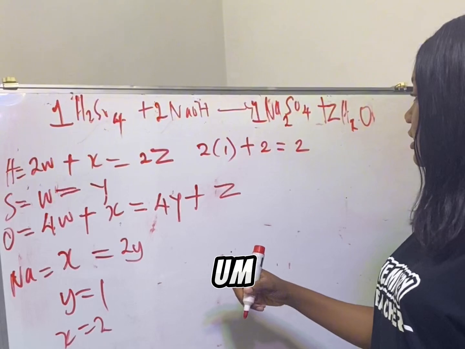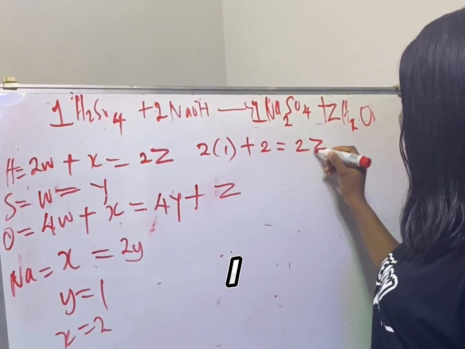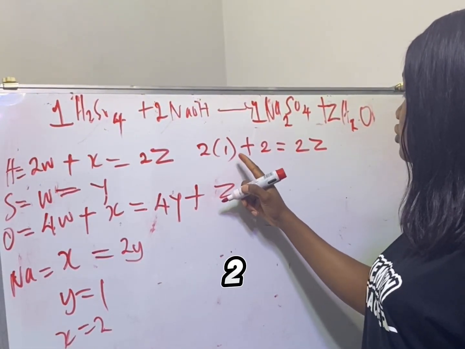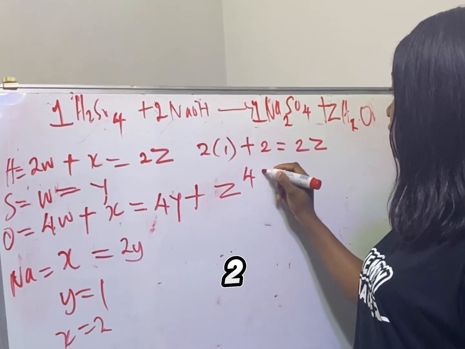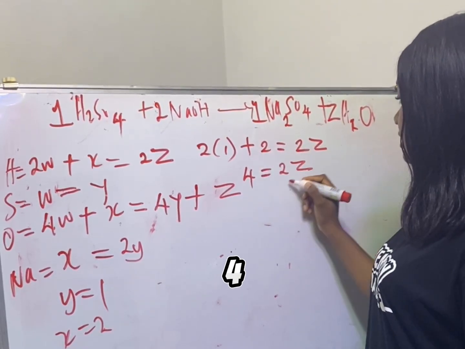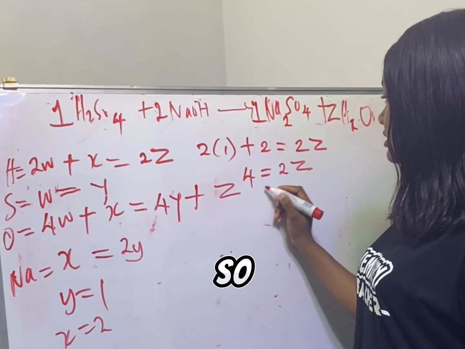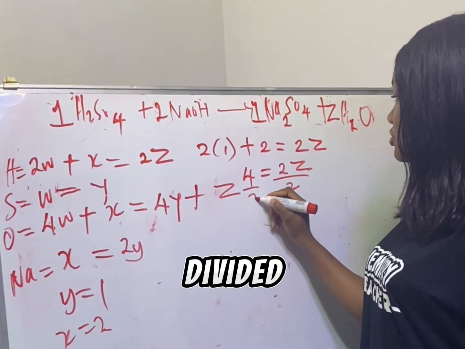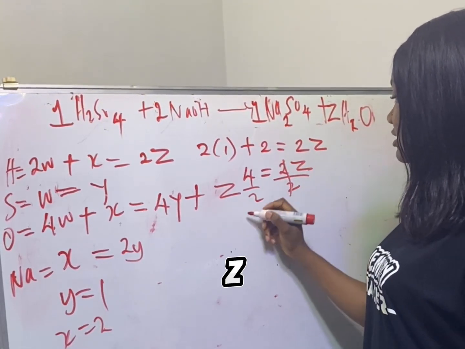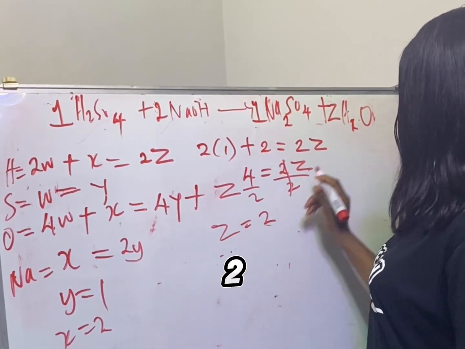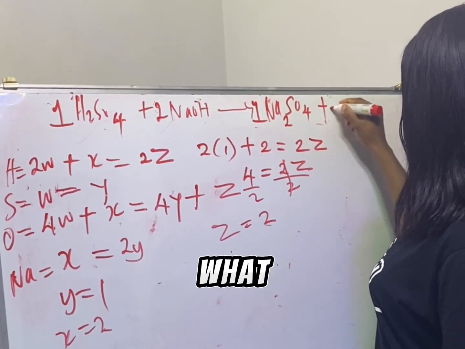Z is what I don't know, right? 2 times 1 is 2. 2 plus 2 is 4. 4 equal to 2Z. So we divide both sides by 2 to get Z. So Z is equal to 2.